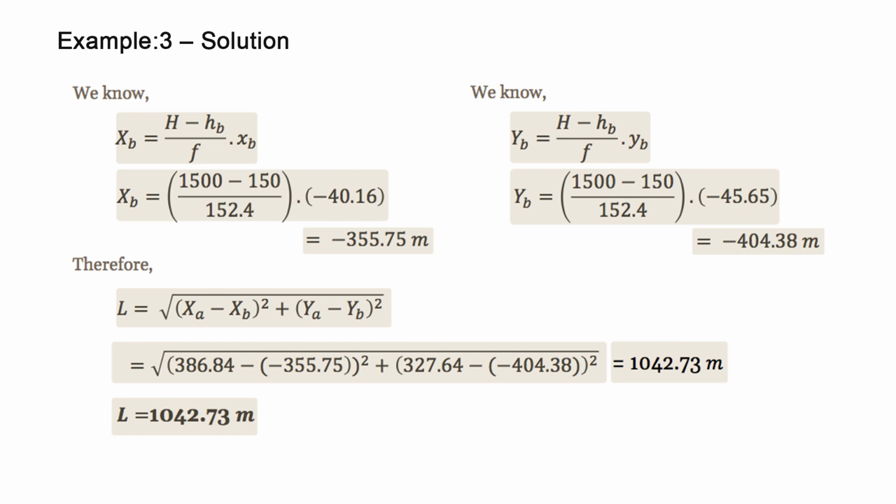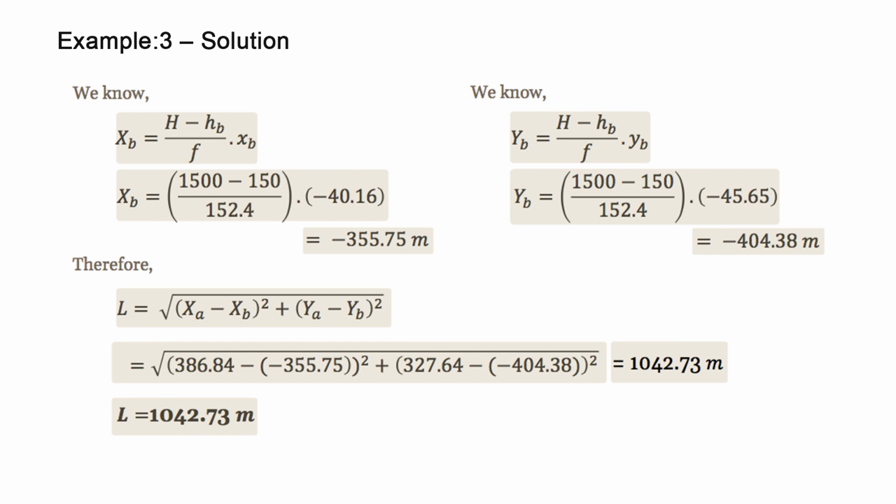Done. We also know capital Ya is equal to (capital H minus Ha) by f into ya. With that, substituting those values, we can obtain Ya is equal to (1500 minus 200) divided by 152.4 into 38.41 is equal to 327.64 meter. We can also calculate Xb is equal to (capital H minus Hb) by f into xb.